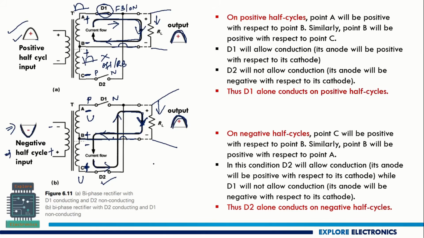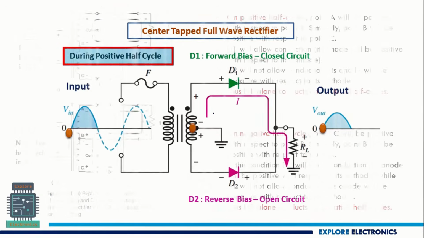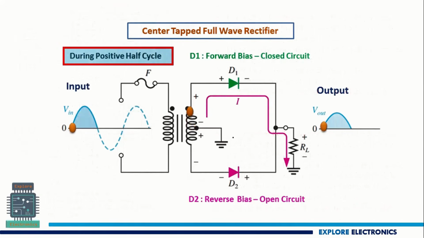So if you look at the output of the full wave rectifier, it is like this at the output, even if the negative half cycle of the input is applied as input. So we say in the full cycle the diodes conduct and the full wave rectifier is going to generate the full cycle output, and this full wave rectifier output is better than the half wave rectifier we have seen in the last video. And this is how it is going to work.